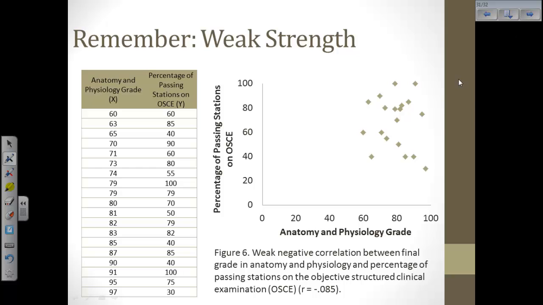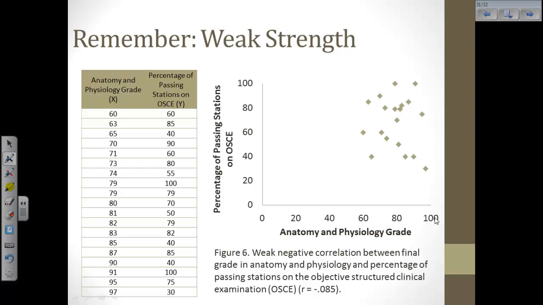So if you remember when we were looking at the relationship between your anatomy and physiology grade and the percentage of passing stations on the objective structured clinical examination, you can clearly see a restriction of range here. This represents the percentage of passing stations, the percentage of anatomy and physiology, so you know that's going to range from 0 to 100.